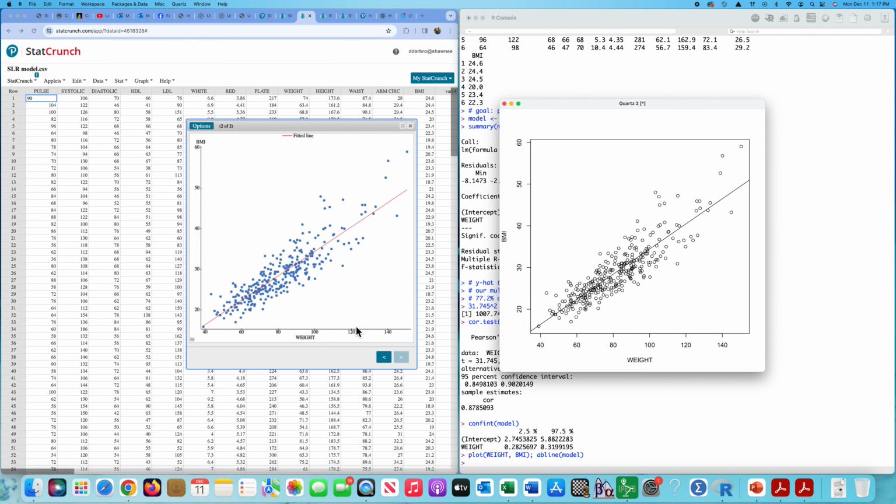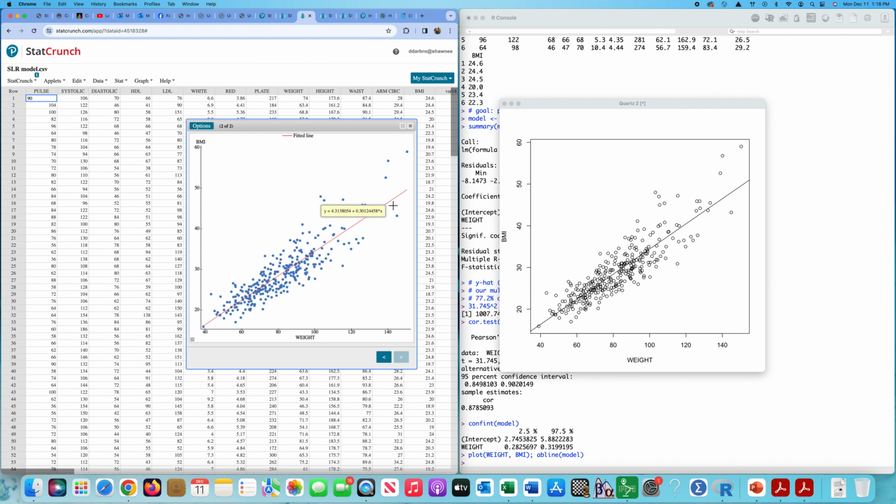So we can get an indication that, for example, for a weight of 120, if I come up to the line, the red line, stop right there and then go directly over, then I would predict the BMI for a weight of 120 to be about 38, 39, something like that. For 140, again, just try to go up as best you can to the line.